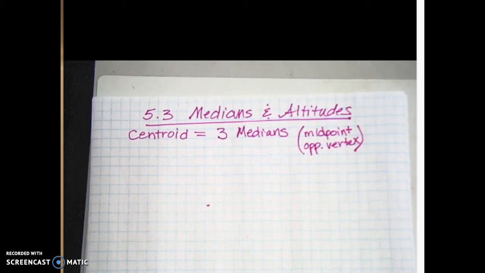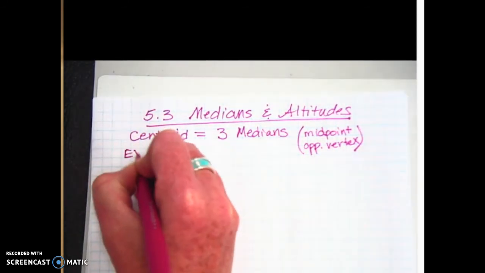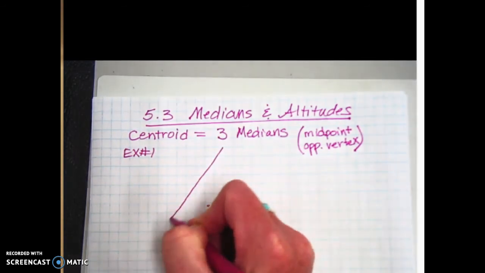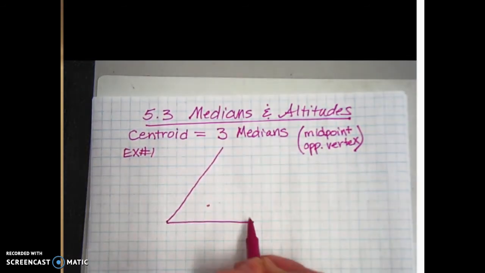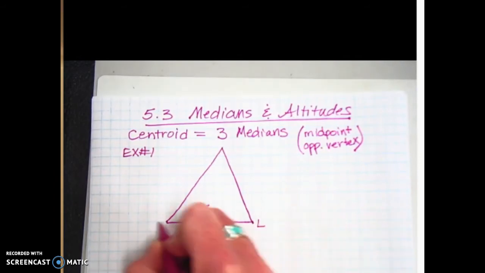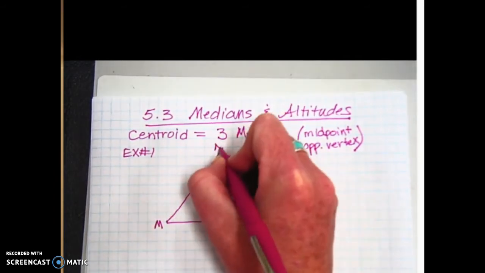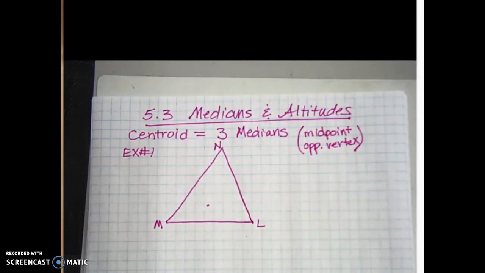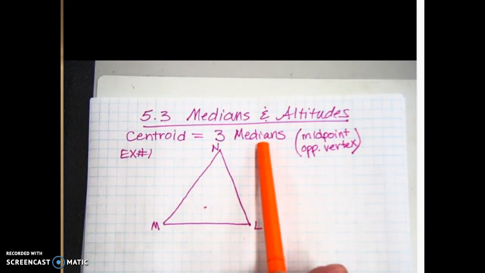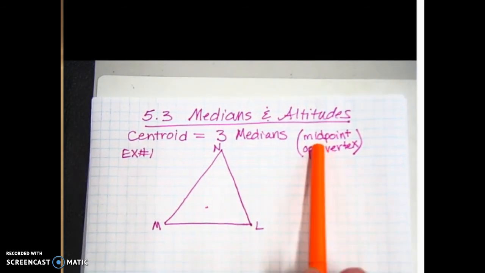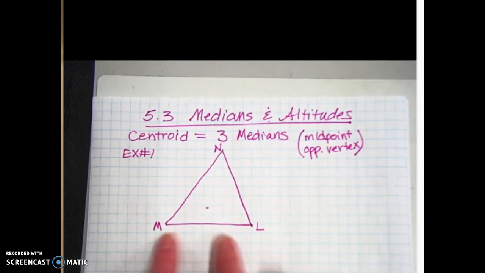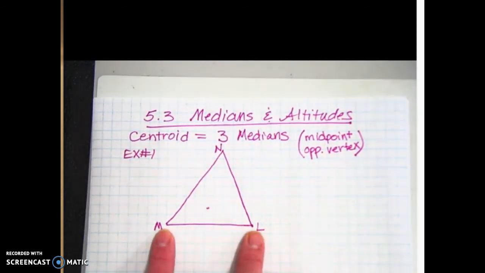For example, number 1, we're going to draw a triangle and label it L, M, N. On this triangle, we're going to draw 3 medians. The medians start at the midpoint of a side and go to the opposite vertex. Let's start on side ML.